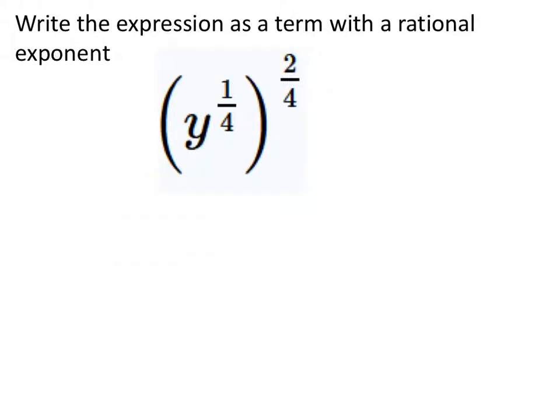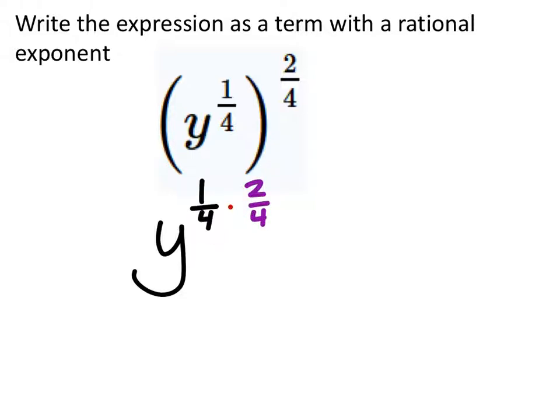On this one, we want to write this expression as a term with rational exponent. Okay, so we're just going to simplify this. That's all we're doing. And if we remember, right, this is y to the power of 1/4 to the power of 2/4. And if you wanted to, you could simplify that right now. We're going to wait, though, because we're going to use the rule, right, power of a power. I got y to the 1/4, and then I would be multiplying this by the power of 2/4.